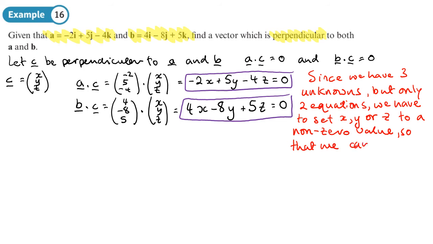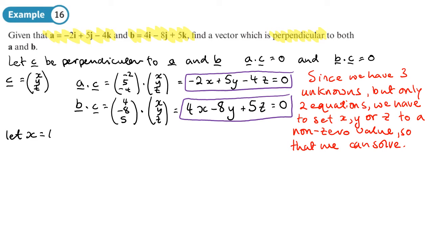So we actually need to pick a value for x, y, or z. And I'm going to choose and make x equal to 1. So we want to choose easy values so that we're able to solve them easily.